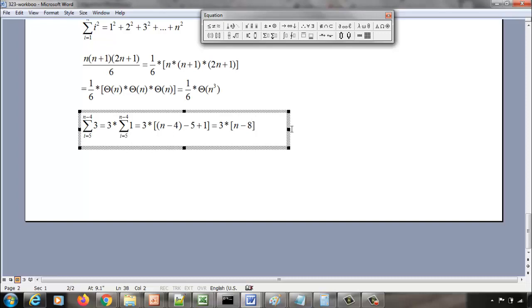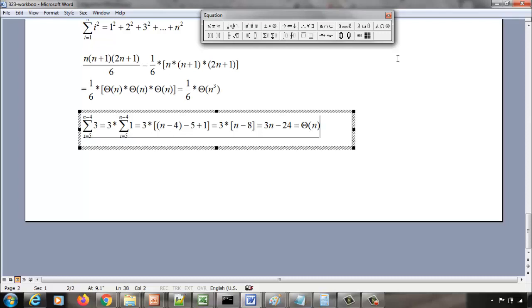So it's n minus 8. So 3 times n minus 8 is like 3n minus 24, but you can again discard the lower order terms and the coefficient of the most dominating term, and we can simply say this is also theta of n.